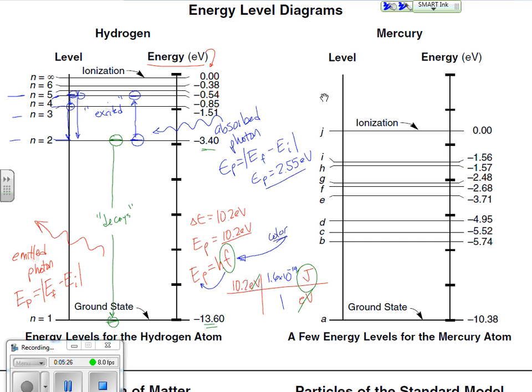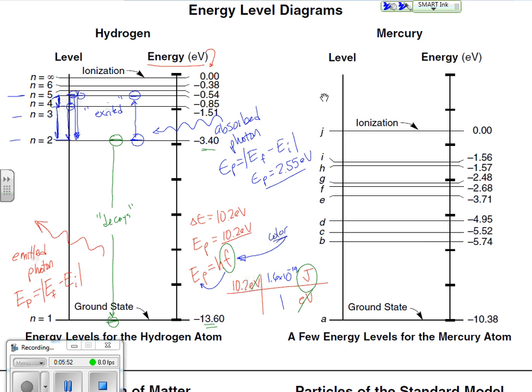But notice there are 3 different transitions that could happen. Here's a transition, 4 to 3. Here's a transition, 3 to 2. Here's a transition, 4 to 2. Those are 3 separate transitions. You ought to be able to identify that there's more than one way to go from 4 to 2. So that's a little look at spectrum stuff.